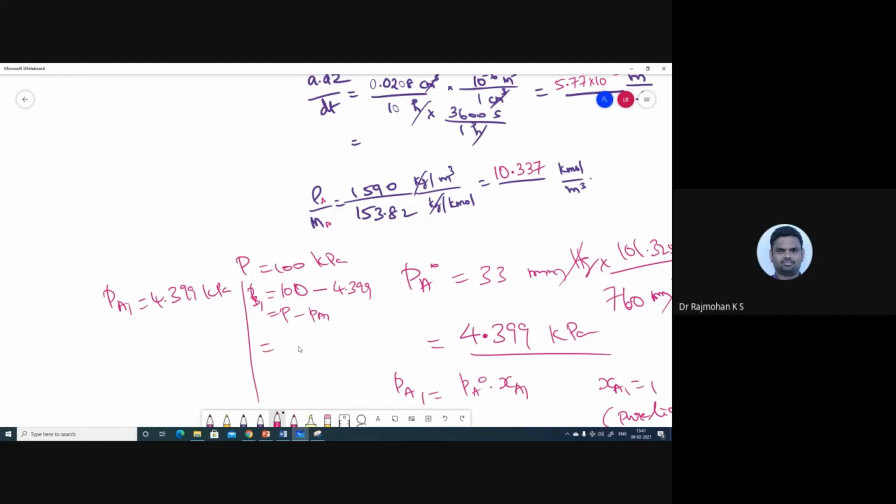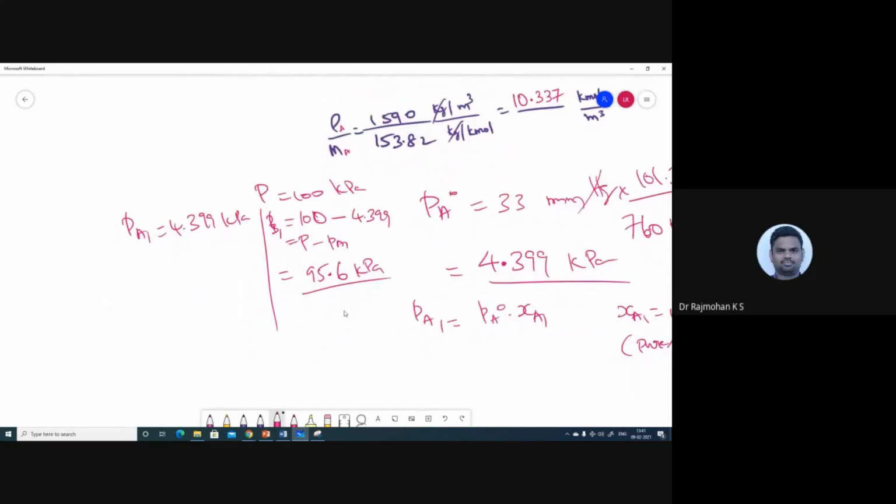How much? 100 minus 4.6. How much? 95.6 kilopascal, right? Similarly, we know that PA2 is 0, therefore PB2 is total pressure, which is 100 kilopascal.